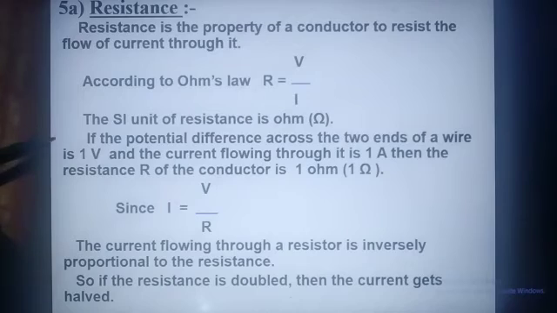If the potential difference across two ends of a wire is 1 volt and the current flowing through it is 1 ampere, then the resistance R of the conductor is 1 ohm. Therefore, the current flowing through a resistance is inversely proportional to the resistance. If the resistance is doubled, the current gets halved. If the resistance is halved, the current gets doubled.